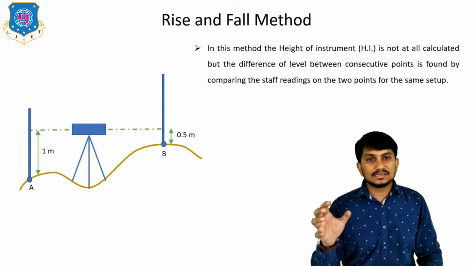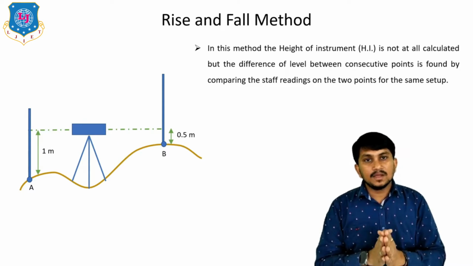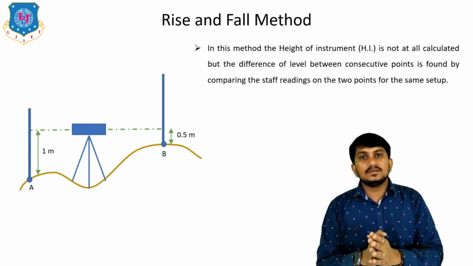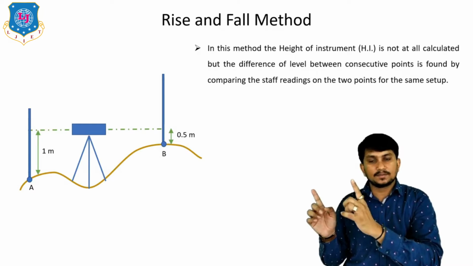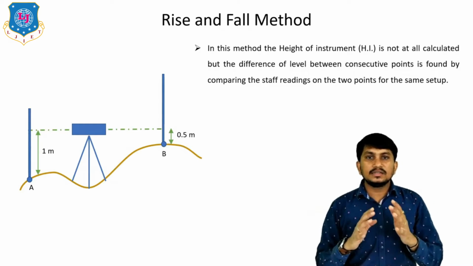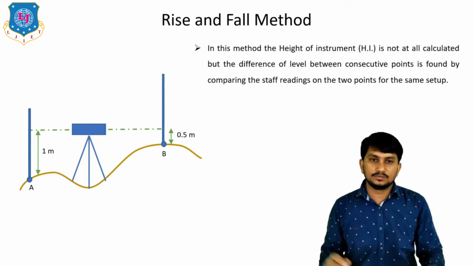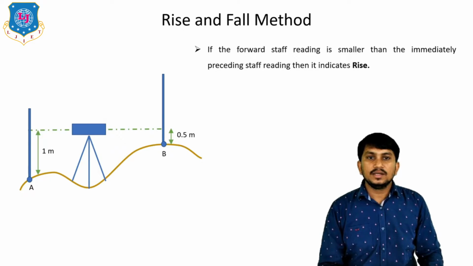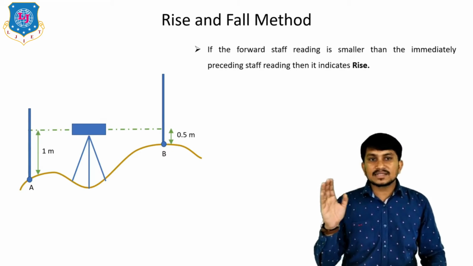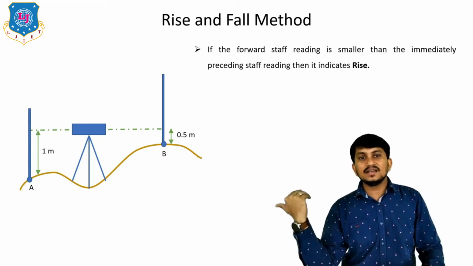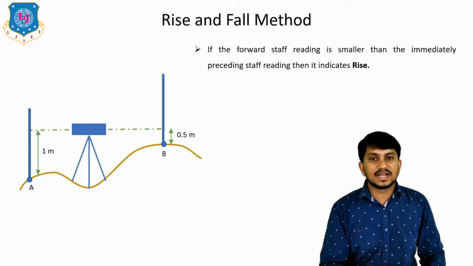So what is rise or what is fall? We can calculate by calculating the difference of two consecutive staff readings. So we have to calculate the difference of these two staff readings, 1 and 0.5. If the forward staff reading is smaller than the immediately preceding staff reading, then it indicates rise.